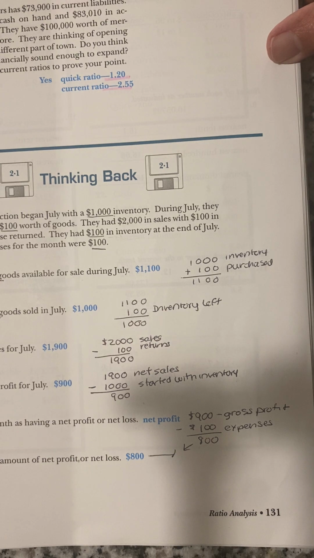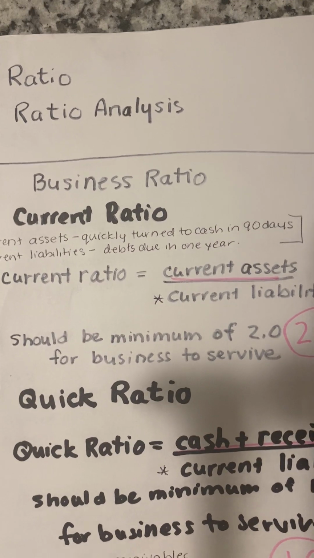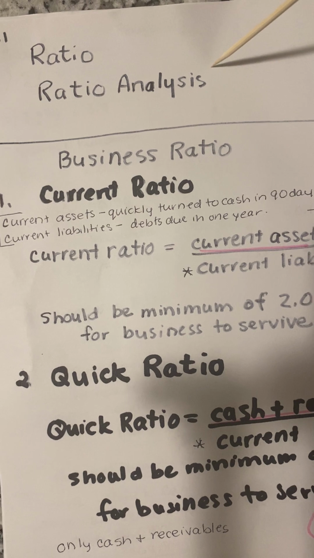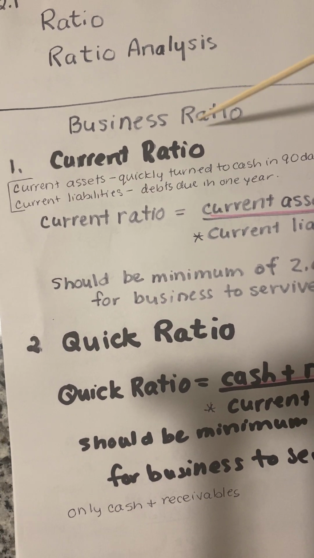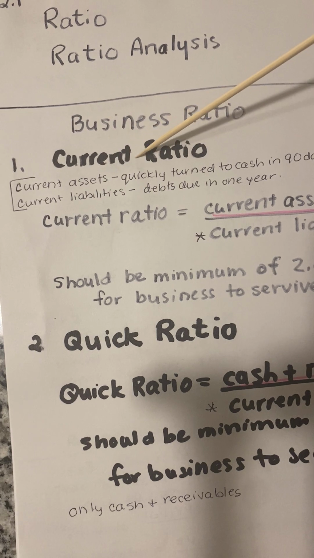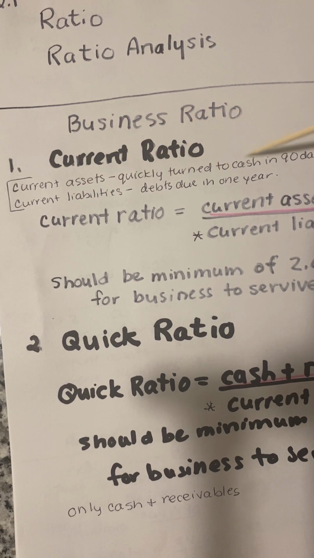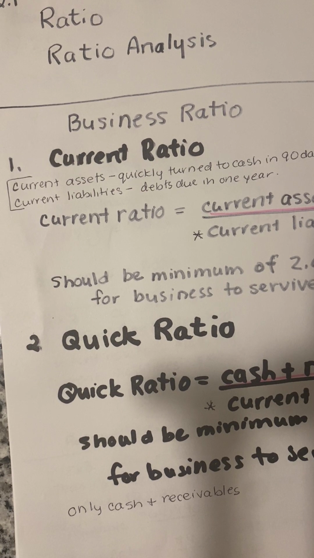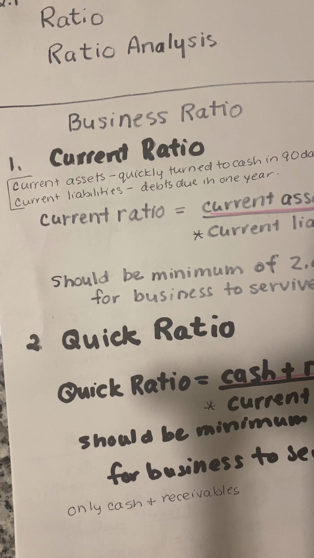So I'm going to go over this real quick. Again, this ratio deal, I took notes here. Ratio analysis tells how well your business is doing. The first ratio here is the current ratio. Current assets quickly turn to cash in 90 days. So you take all your assets, which include your cash and your receivables and any assets you have, like equipment, that you can turn to cash right away.